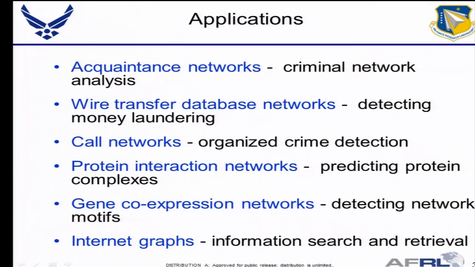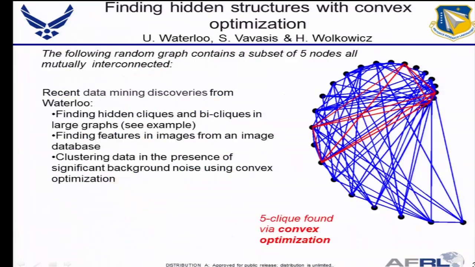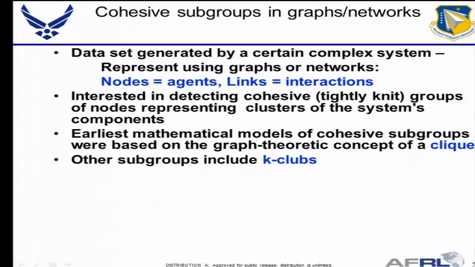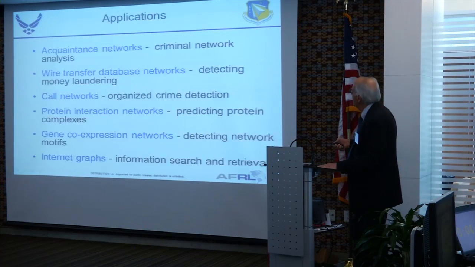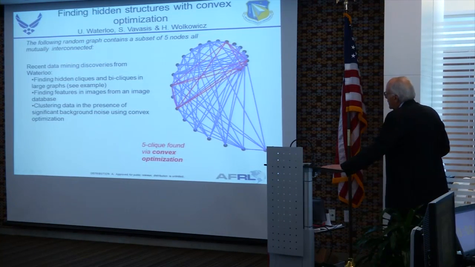So again, what we do is don't really go after these applications. We try to go after what is the math that is needed to get at these problems. One of the nice results, and this is part of the collaboration among PIs, the group at Waterloo didn't even know about, well, the group at Texas A&M, but they kind of were inspired by it.